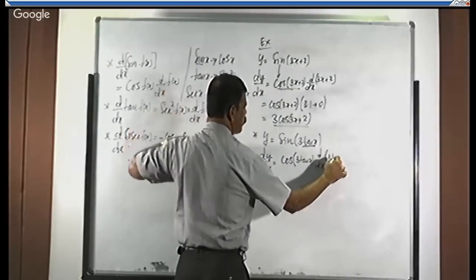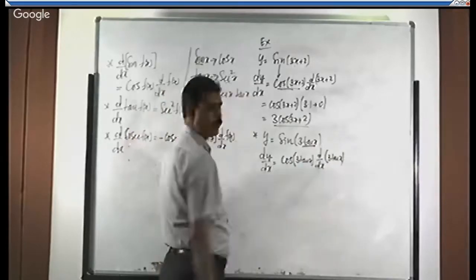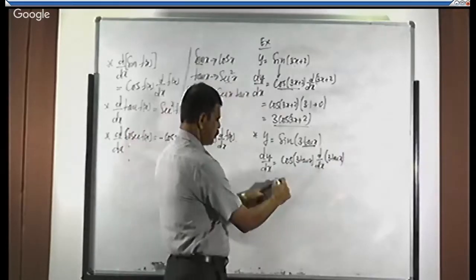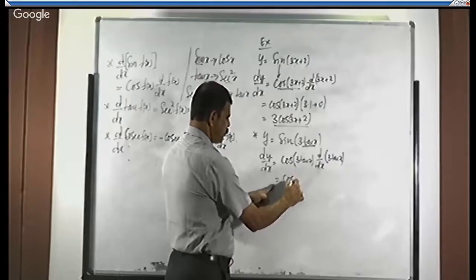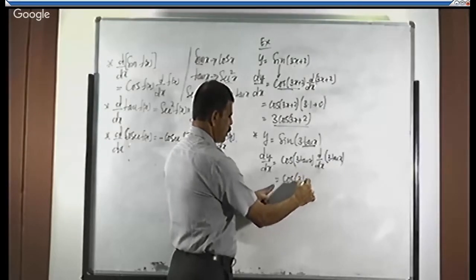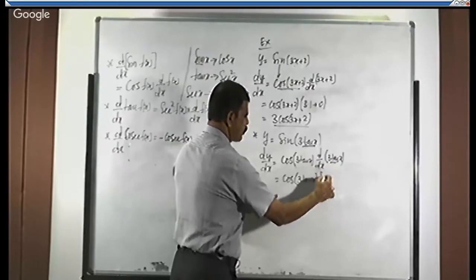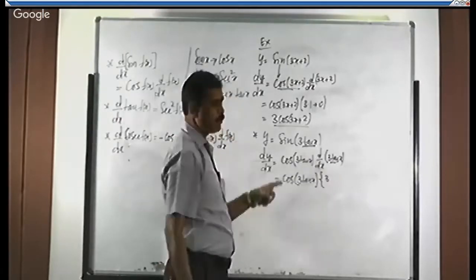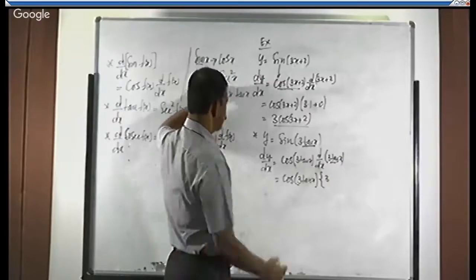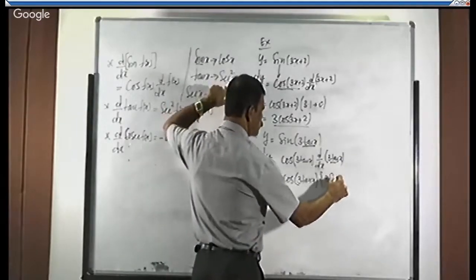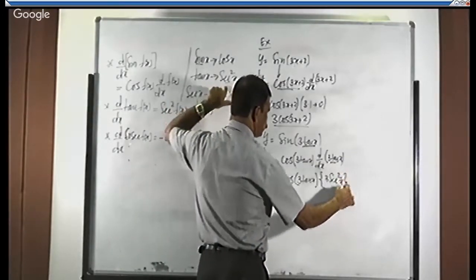Keep this as it is: cos of 3 tan x into differentiation of 3 tan x. What is differentiation of tan? It is secant square x. So 3 into secant square x.